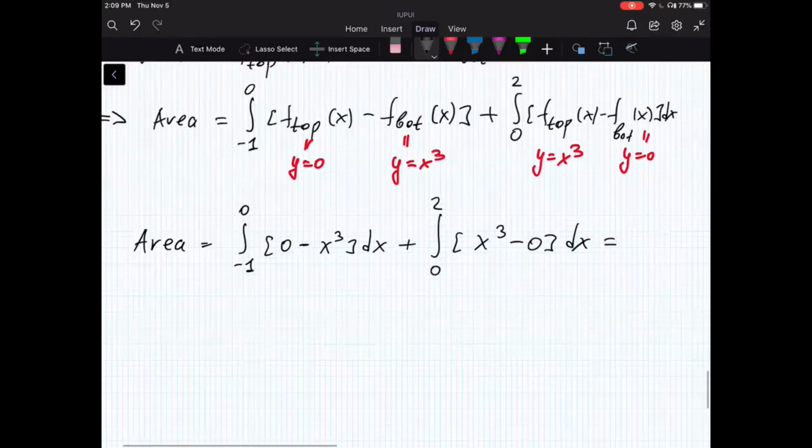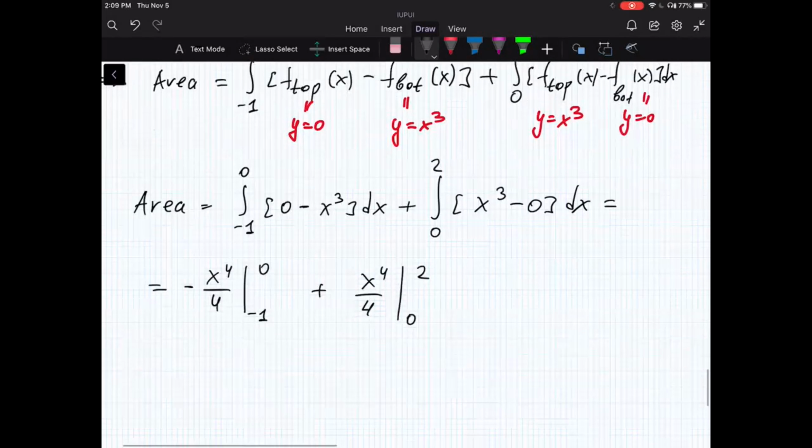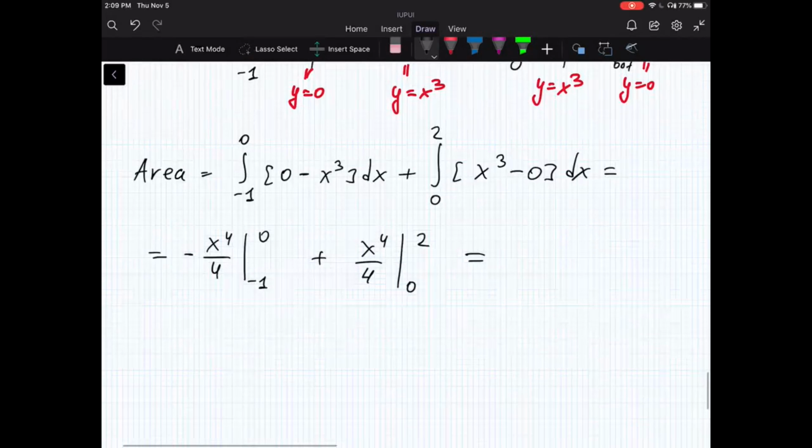And so what will I get? The first one gives me minus x to the power 4 over 4, substitution from -1 to 0, plus the second one gives me also x to the power 4 over 4, substitution from 0 to 2. On the upper limit, I got 0 for the first part. On the lower limit, I got minus 1 over 4.